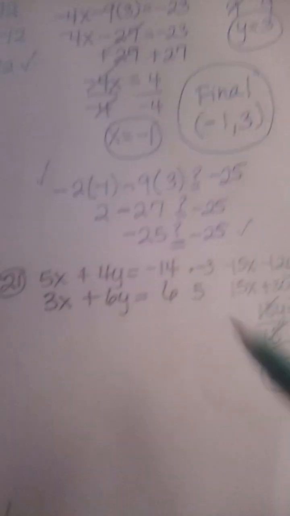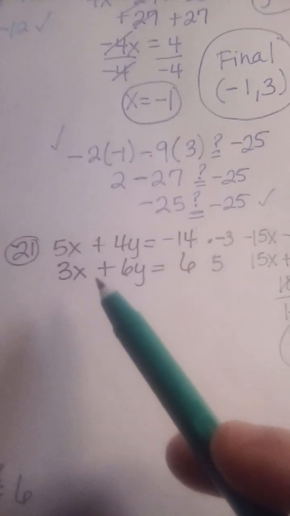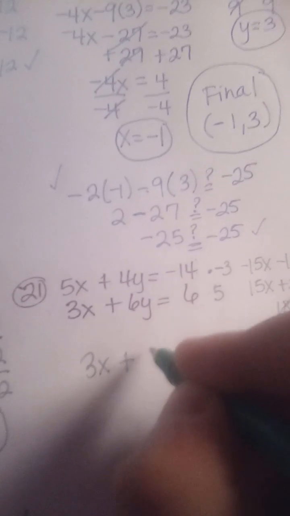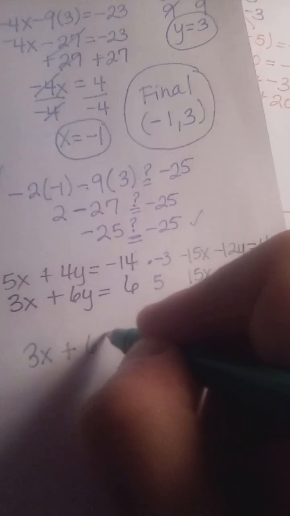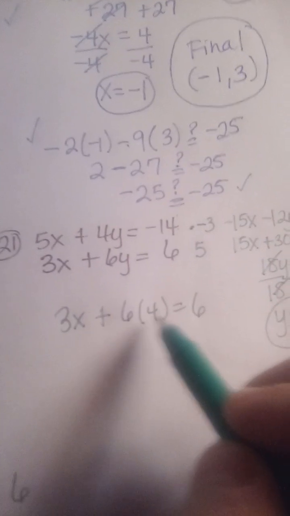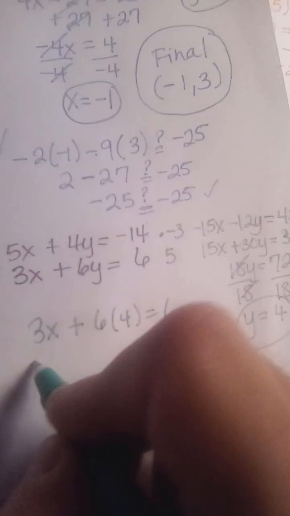Alright, then we could substitute the y into any of these two equations like I previously stated. So I'm going to use the bottom equation. We're going to multiply these two. 6 times 4 is 24.